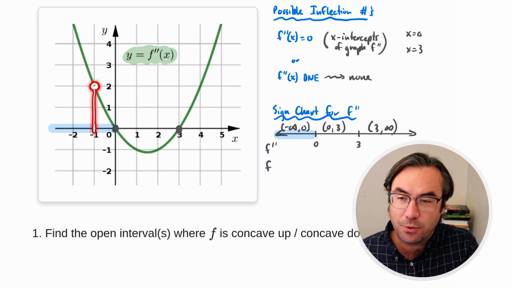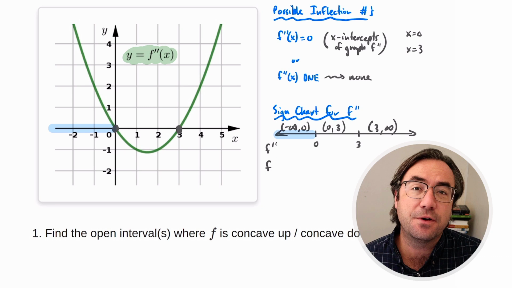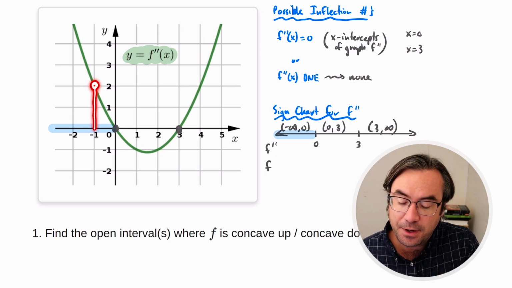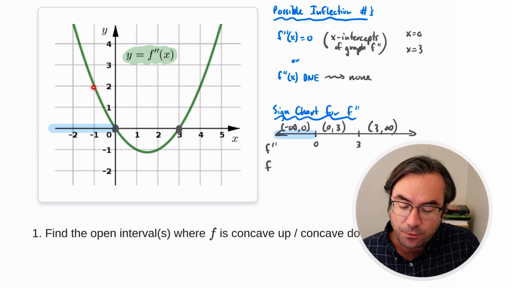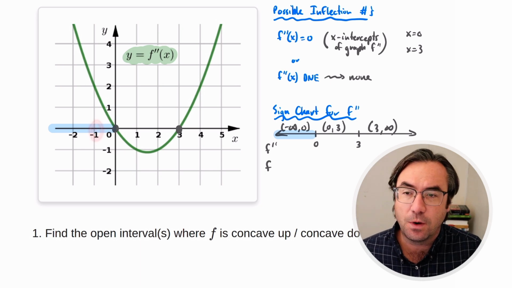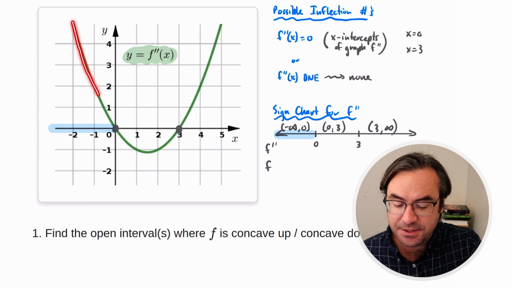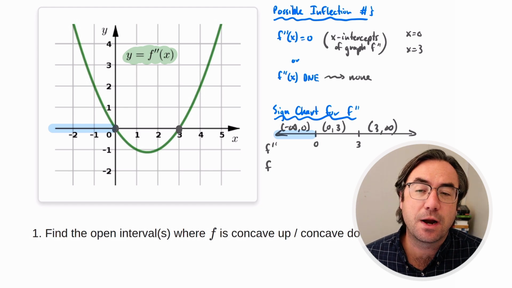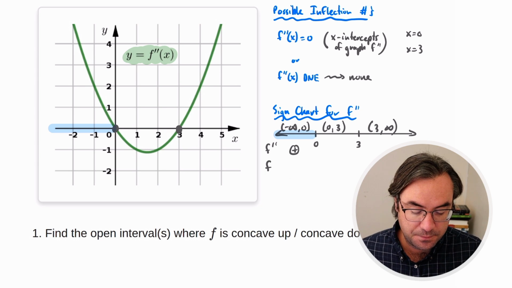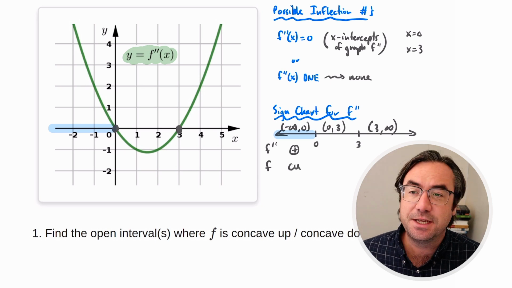All we're interested in is knowing, is the value of the function positive or negative? So the fact that our curve here is above the x-axis means the y value is going to be positive, +2 if our test number is -1. So on this section, the graph of f double prime is positive. And if f double prime is positive on that interval, it means the original function is concave up.